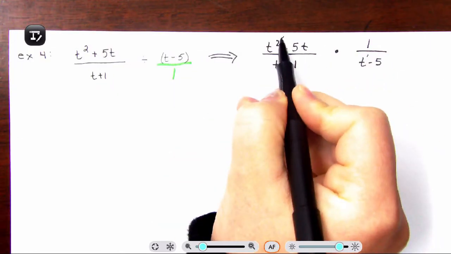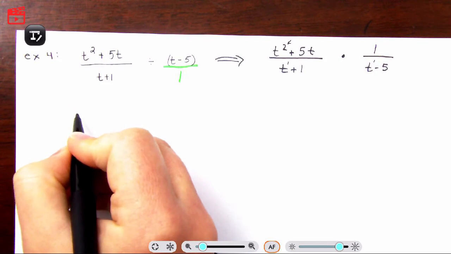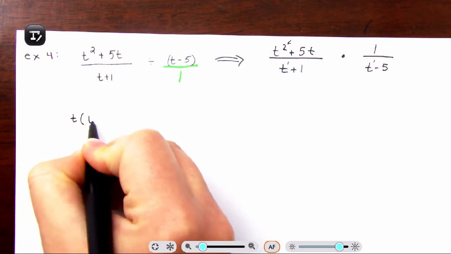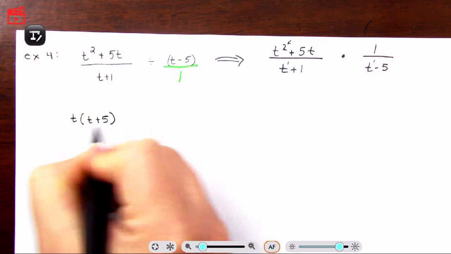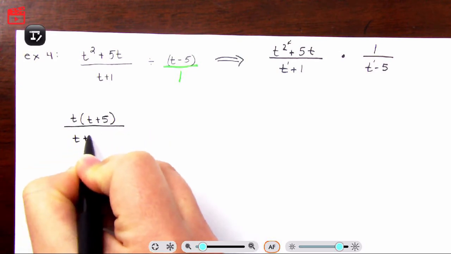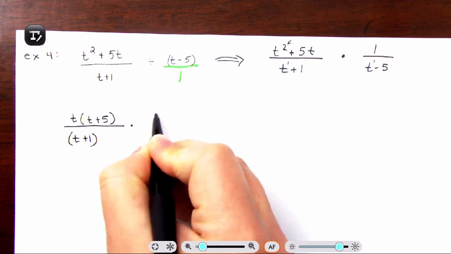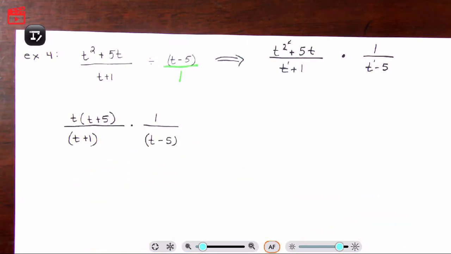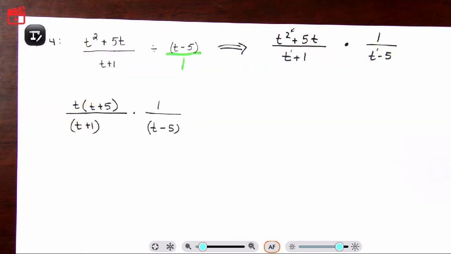So I have only one numerator to factor, and I can pull out a t. And again, I like to put all of them in bubbles. And let's see if something's going to cancel out. I don't think so.